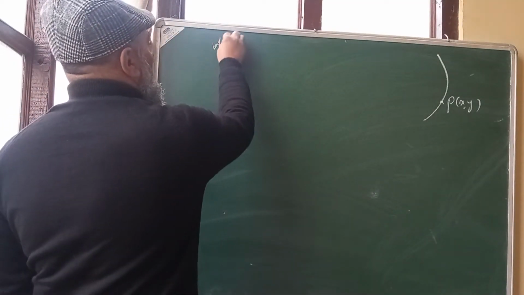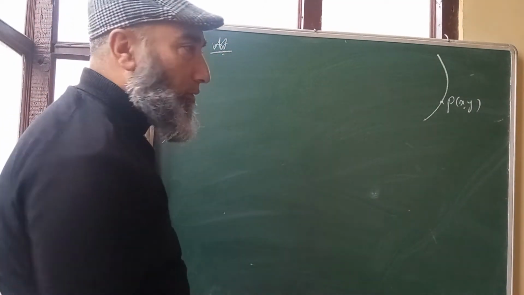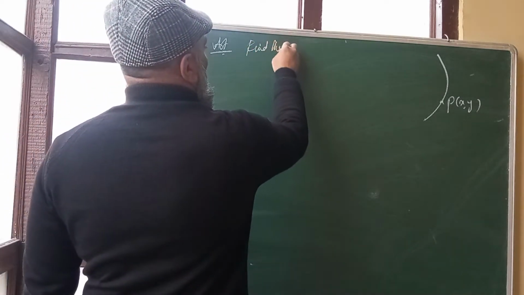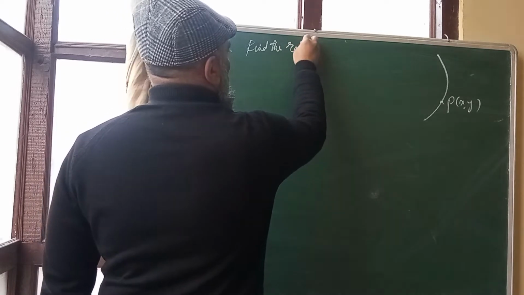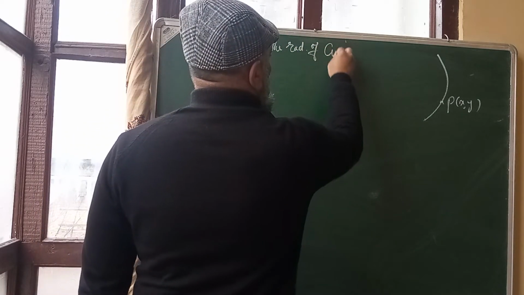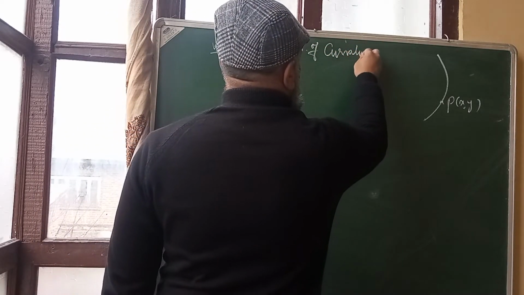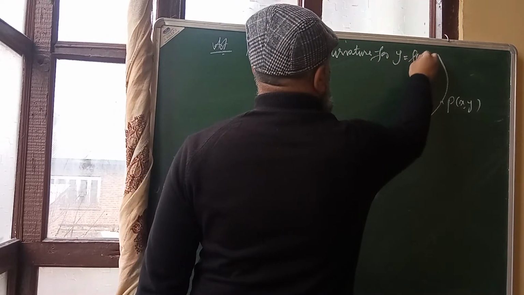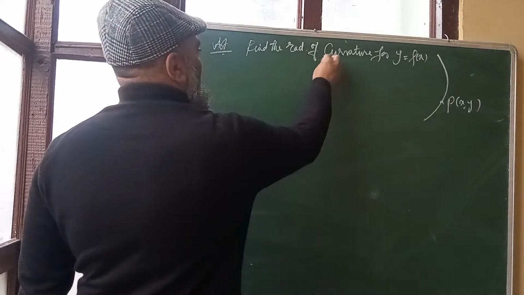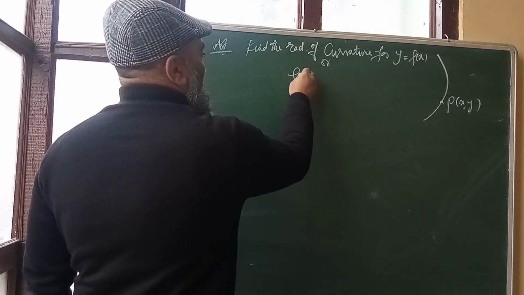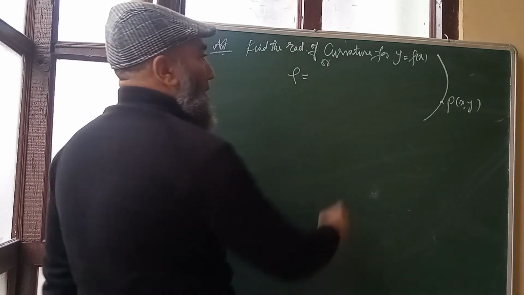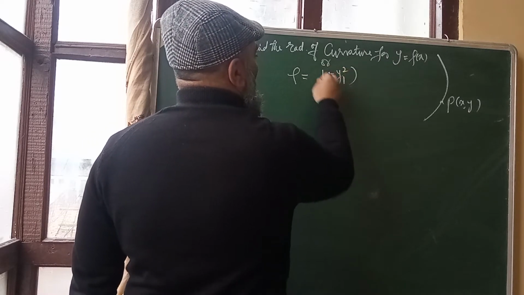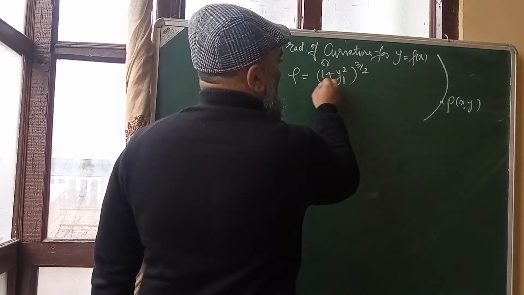Our article is that find the radius of curvature for y equal f(x), means Cartesian form. Or you can say show that, or prove that, the radius of curvature rho for the curve y equal f(x) is (1 plus y1 square) raised to the power 3 by 2, divided by y2.